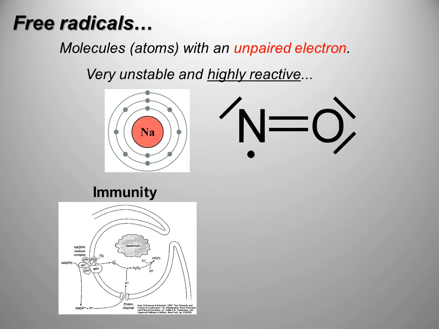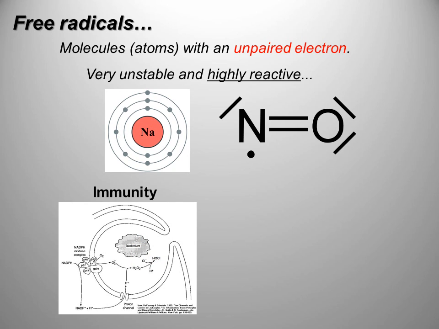If you've got just tons and tons of these, they're going to bind anything they can find. You lose control of the situation, and now they're going to get stuck in the machinery of the cell, and the machinery is proteins. So if you have a protein that has all these things stuck to it, it can't function anymore.